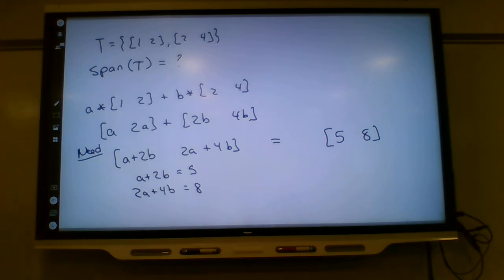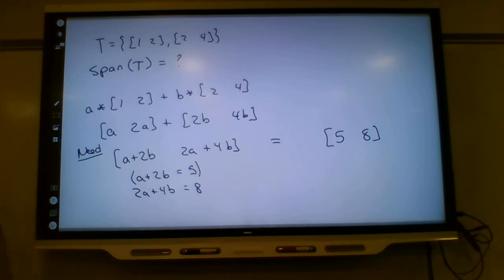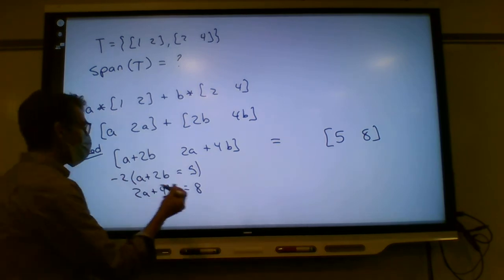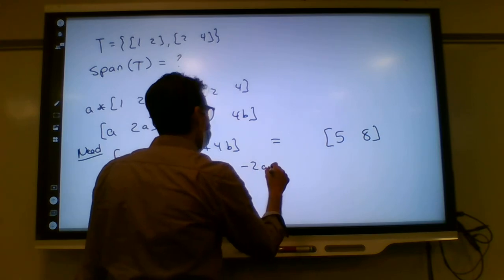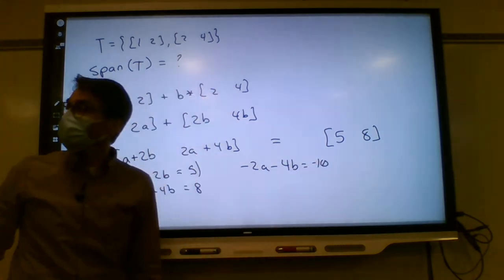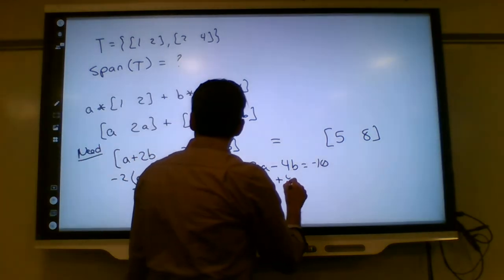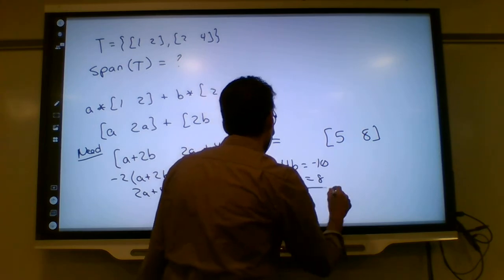All right, let's use the elimination procedure. We need to multiply this top equation by what? A negative 2. So if we multiply that by negative 2, we have negative 2A minus 4B equals negative 10. And then we have 2A plus 4B equals 8.